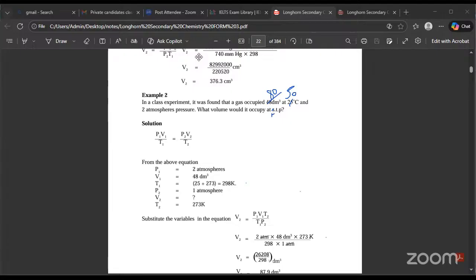In a class experiment, it was found that a gas occupies 8 dm cubed at 50 degrees Celsius and 2 atmospheres pressure. What volume will it occupy at STP? At STP.